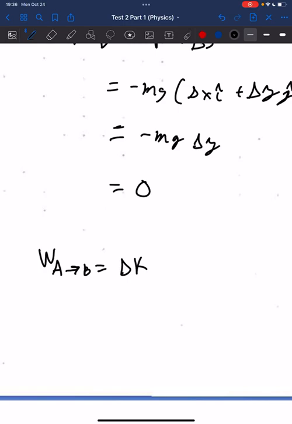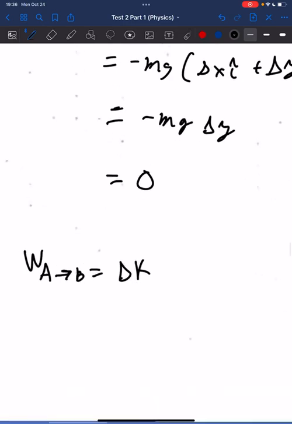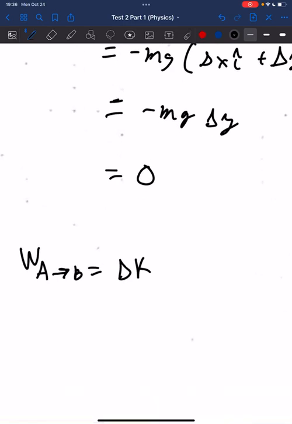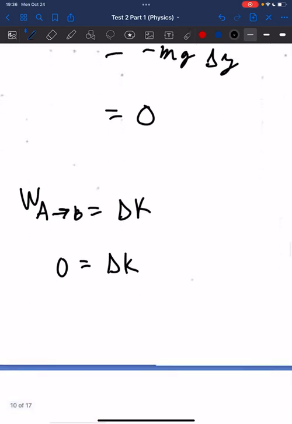My bad. So as I was saying, 0 equals the change of kinetic energy. Kinetic final equals kinetic initial in this case, because velocity of V equals the starting velocity.